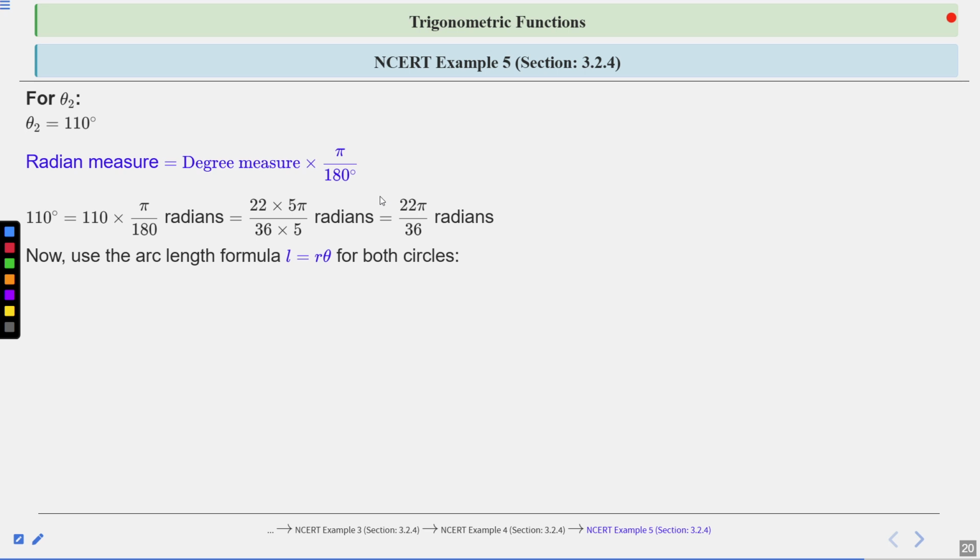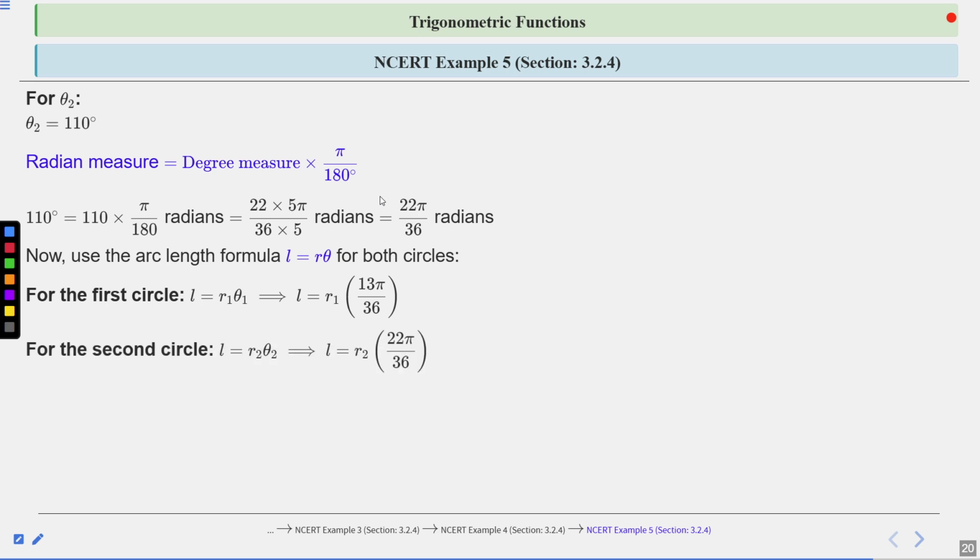Now we know the arc length formula, which says arc length is the product of radius and the angle in radians. Simple. So for the first circle, L is simply R1 times theta 1. So L is going to be R1 times 13 pi by 36.